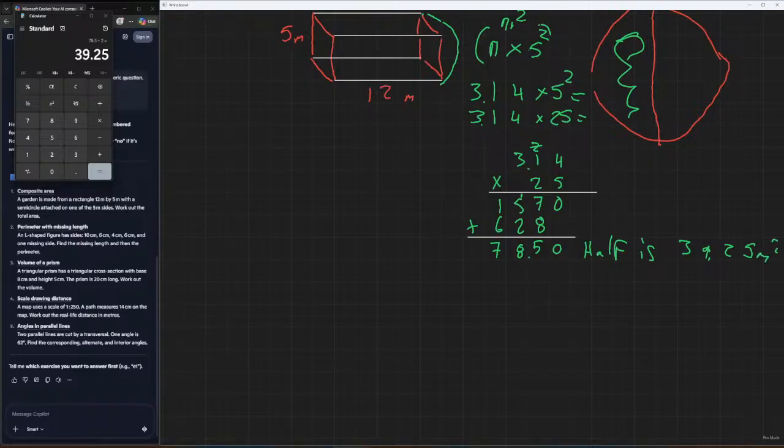meter squared, and then we have 5 times this, and then it's times this. So to get our answer, we need to do 5 times 12 times 39.25, and the result is 2355.